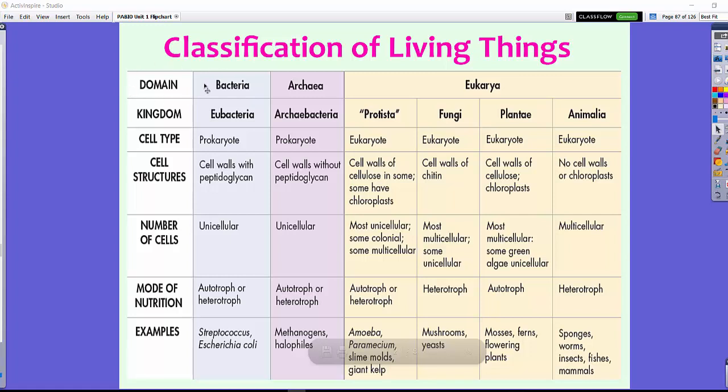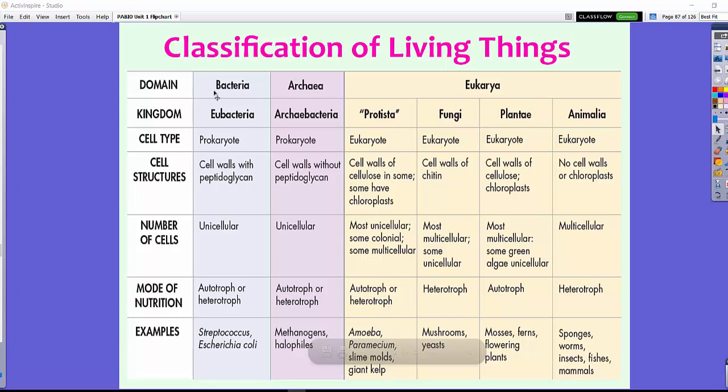So we have the most organisms in a domain, yet when we get down to a species, we're only really looking at one type of individual or one organism. So let's talk a little bit about these categories.